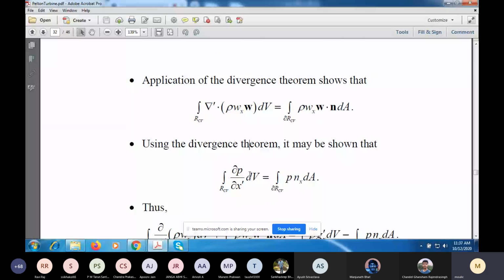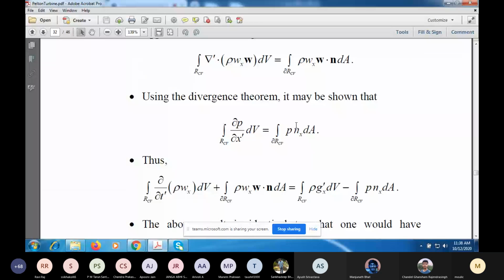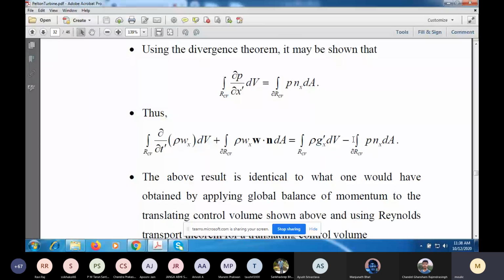So if I take these two relations and substitute here, instead of having 4 volume integrals, you will have 2 volume integrals and 2 surface integrals. Now compare this result with what you might have obtained if you use Reynolds transport theorem, and you will see the result is the same, because on the right hand side, the first term is the body force on the fluid, and the second term is the net surface force on the fluid.